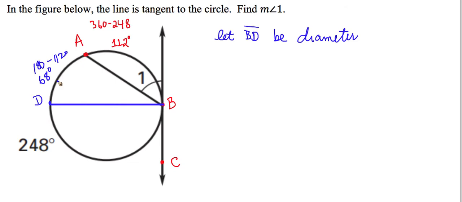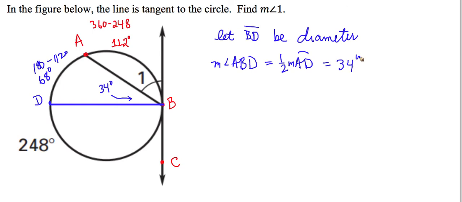So from this arc, that's 68 degrees, we know that this angle in here must be 34 degrees. Okay. So we can say that the measure of angle ABD is equal to 1/2 the measure of arc AD, which is 1/2 of 68, which is 34 degrees.